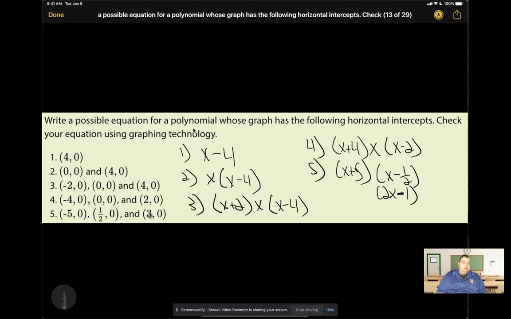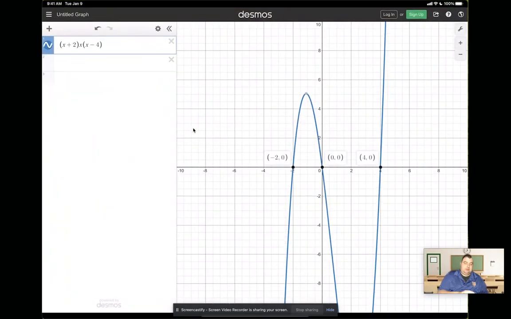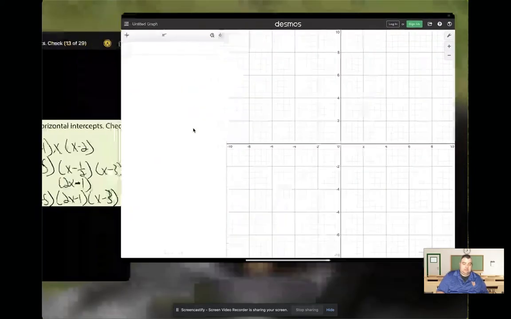And then the third x-intercept is 3, so that's going to be x minus 3. If I put that together, my polynomial is going to be x plus 5, 2x minus 1, and x minus 3. This one I am going to put on Desmos because I want you to see it.